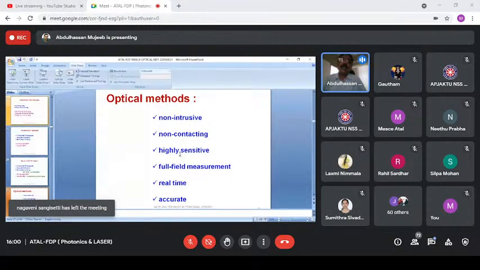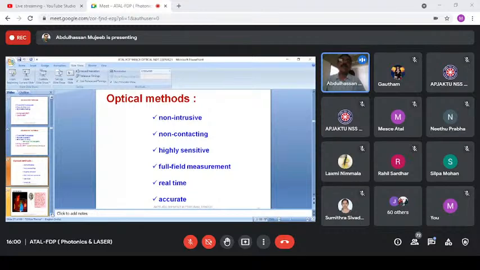You can imagine the wavelength of light. I told you that it is 380 nanometer to 780 nanometer. So even half the wavelength, or lambda by 2, that is, if you consider a 600 nanometer wavelength of light, 300 nanometer is the sensitivity. So sensitive are the optical methods. That is why we are very much interested in these optical methods.